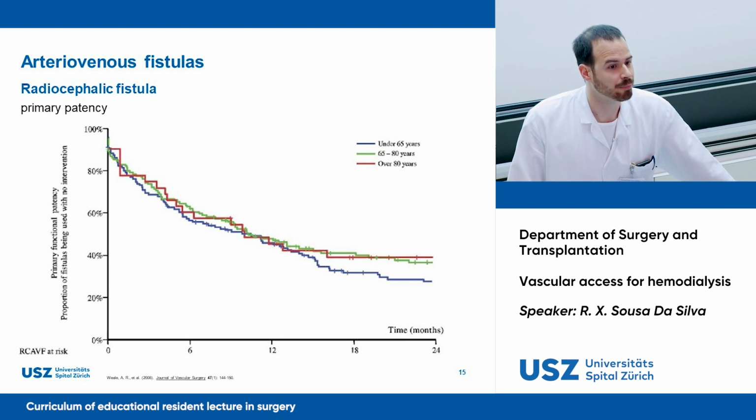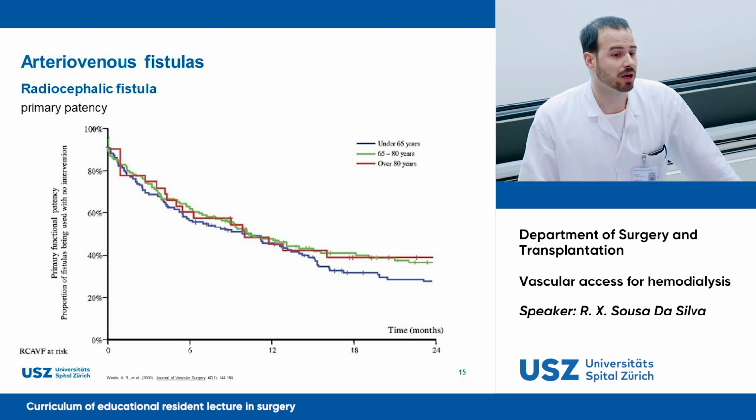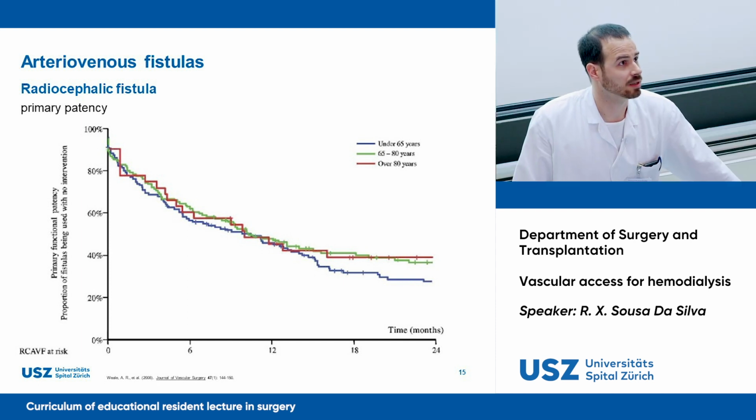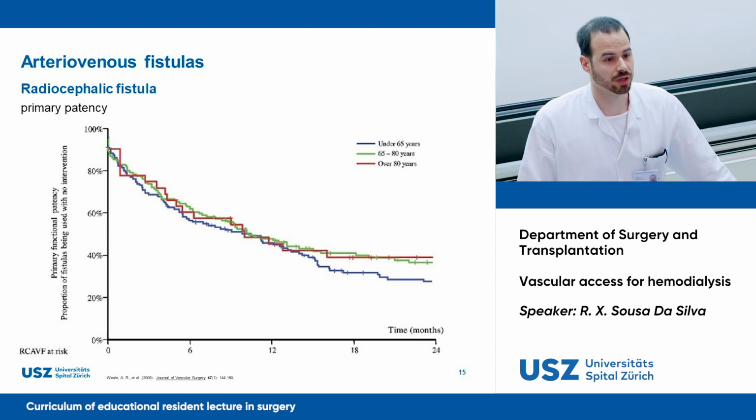But secondly, he showed that patients over 80 years have an equal outcome to patients aged 65 to 80, which means you should also give those people a chance if needed and not use age as a reason not to perform a shunt.